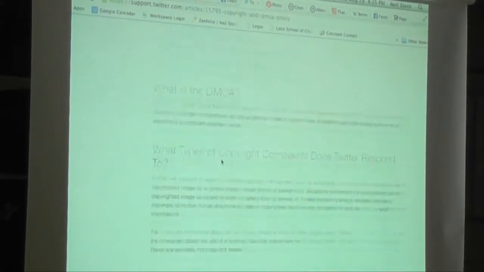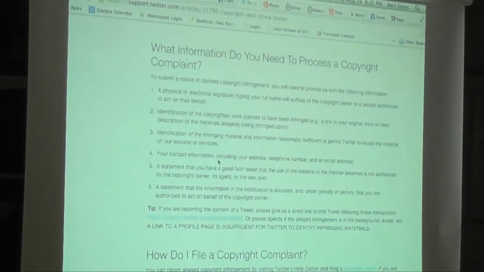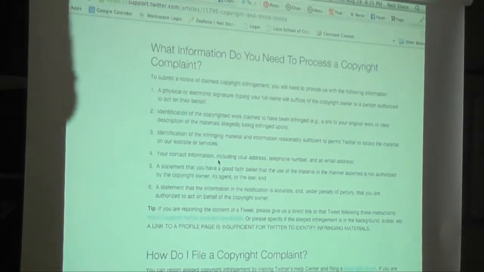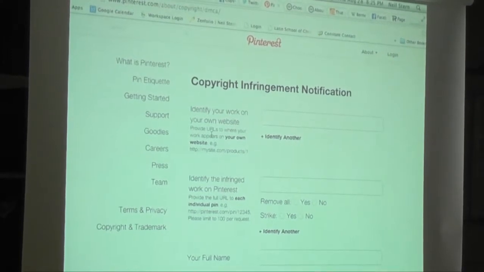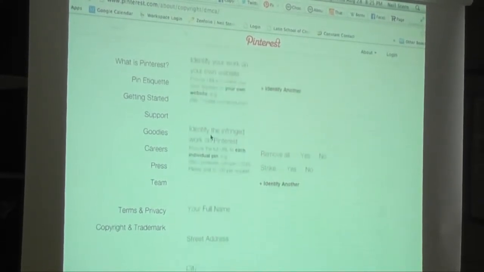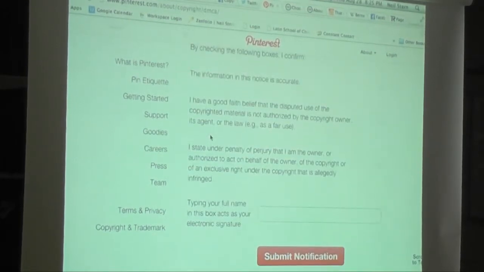And it'll tell you, you basically tell them your name, the link to where the stuff is located. And actually I have a better one. Here's Pinterest, actually. Here's the best one. So identify your work on your own website, identify the infringed work on Pinterest, your full name, and that's it. Cheaper than going to a lawyer to do it for you, right?